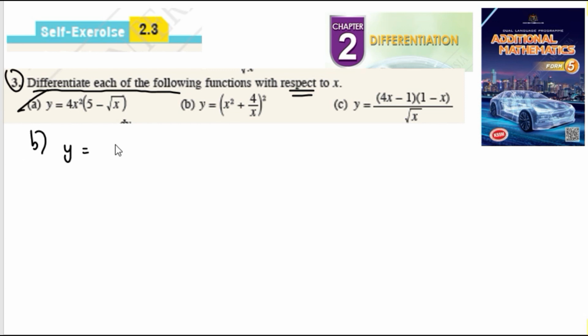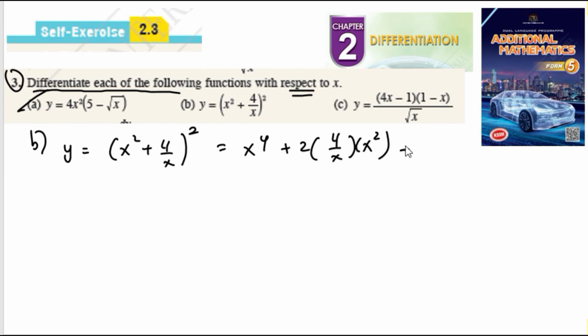(b), y is equal to (x squared plus 4 over x) squared. So you can expand this one. Where you will get x squared squared, you get x4. Then plus 2 times 4 over x times x squared, and plus 4 over x squared squared.